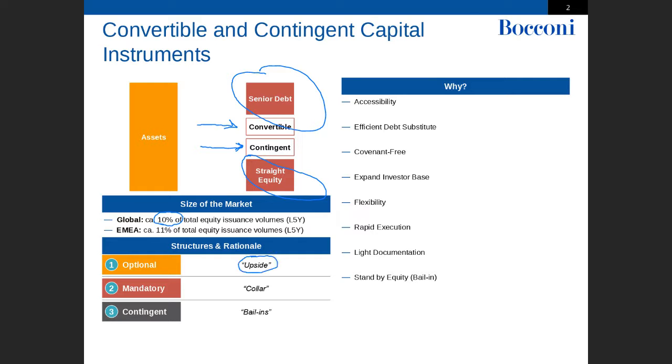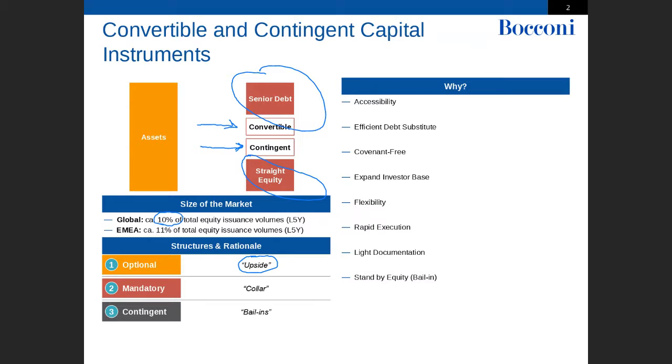So the hybrid nature materializes when the market performs. You issue a bond, but the bond turns into equity given the performance of the market.